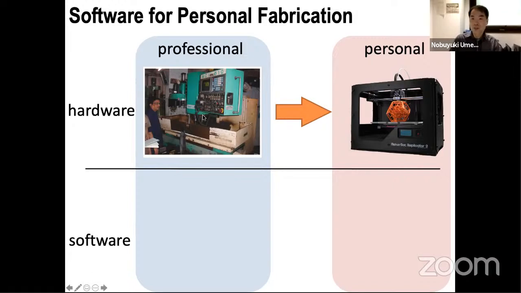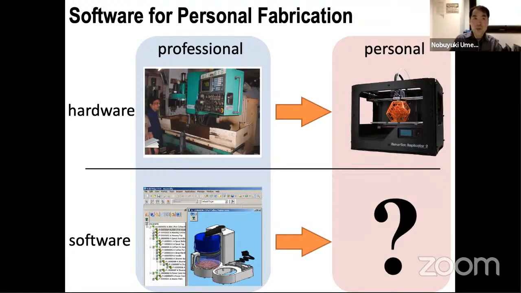But thanks to the innovation of additive manufacturing, such automated fabrication devices are easily available to the public, and we can enjoy fabrication at home. But in terms of software, it's still under development. As far as I know, software to make something is still difficult to use for many people who don't have expert knowledge in making.